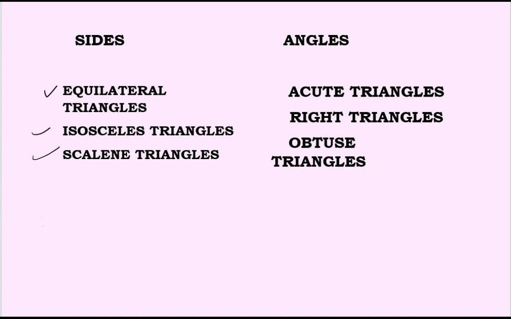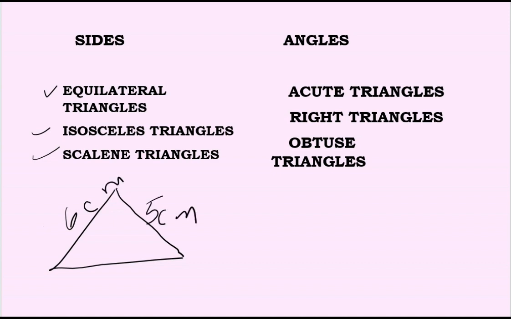For a scalene triangle, none of its sides and angles are equal. None. So if, let's say, this is 6 centimeters, this side is 5 centimeters, and the last side is 4 centimeters, none of its sides are equal. Likewise, the angles.